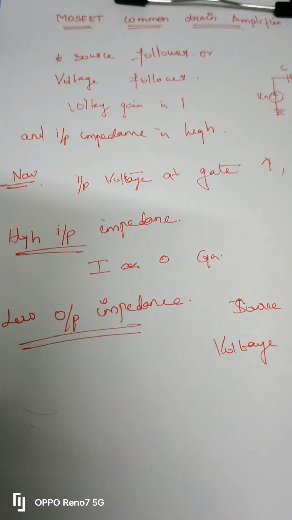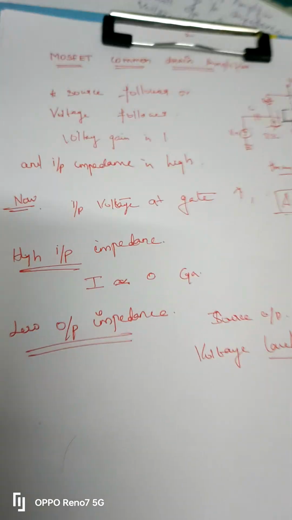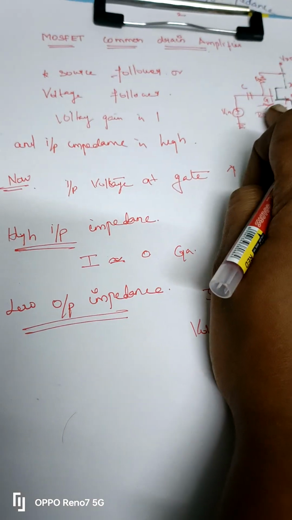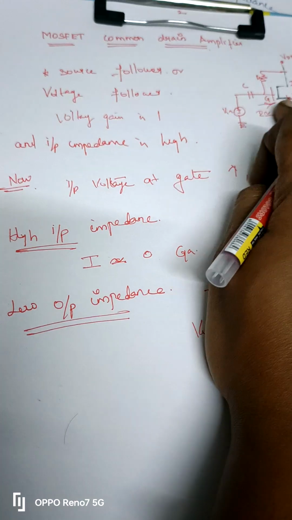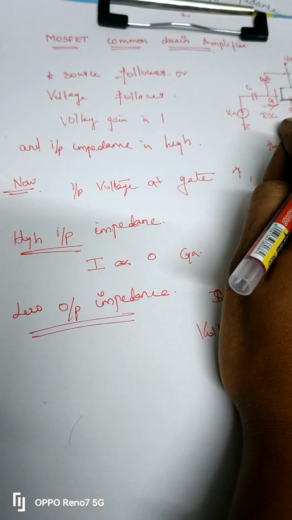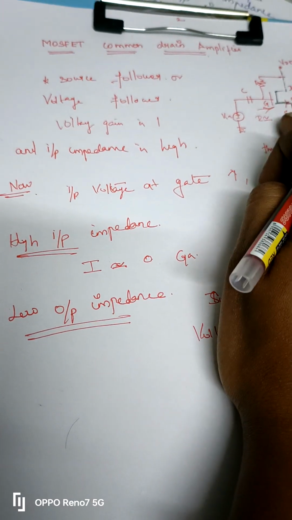Most common use of the MOSFET common drain amplifier: voltage buffer. A voltage buffer is used as a middle step to connect the high resistance of the signal source to the lower resistance. What do you mean by impedance matching?